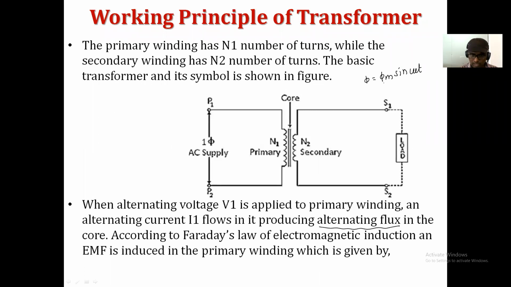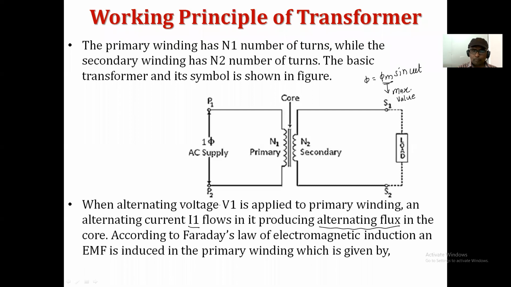Out of that, this phi m is nothing but the maximum value of the flux. Get my point? So this alternating current I1 flows in it, produces alternating flux in the core. According to Faraday's laws of electromagnetic induction, an EMF is induced in the primary winding, which is given by.